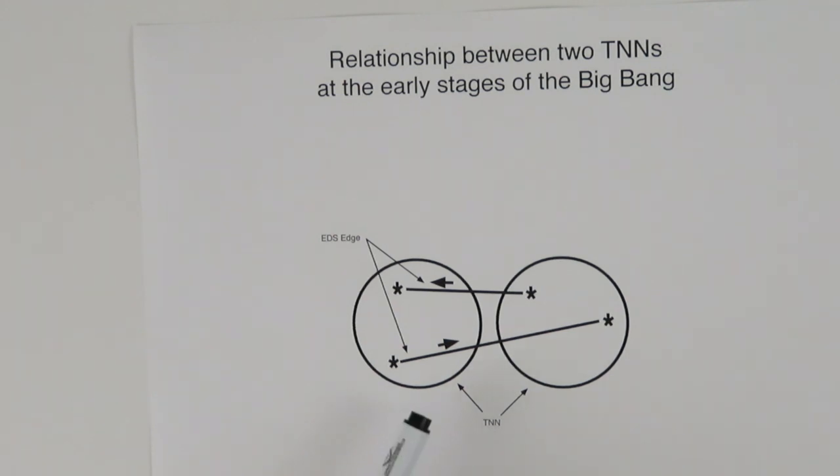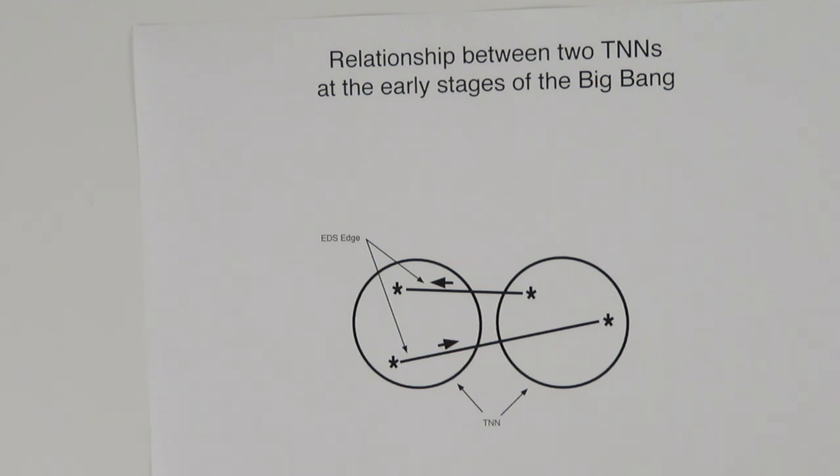These edges can have signals flowing in either direction on any of the extra-dimensional structure edges. And in the beginning, one could imagine that the flow of signals back and forth between these 2 networks might be uniform.